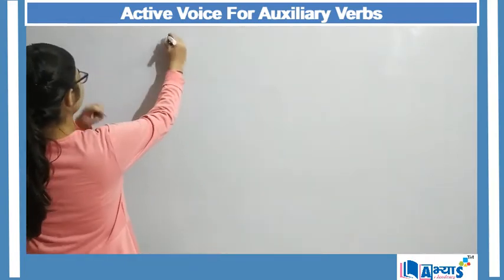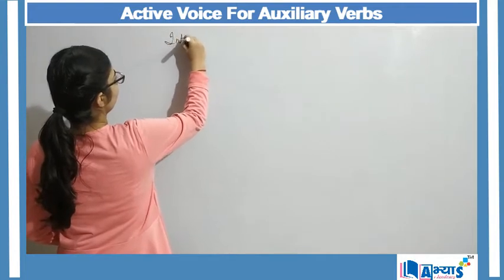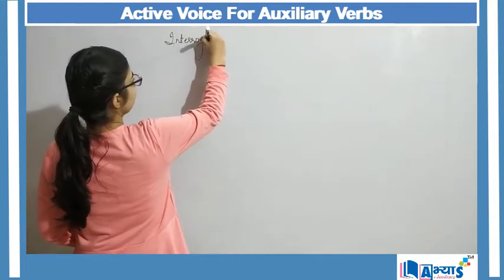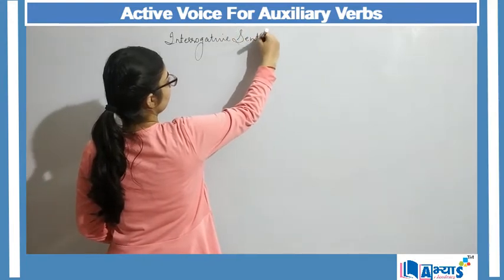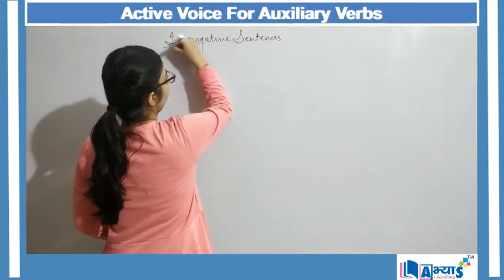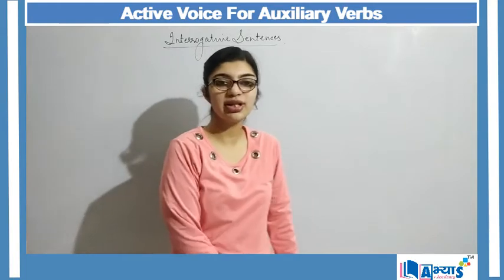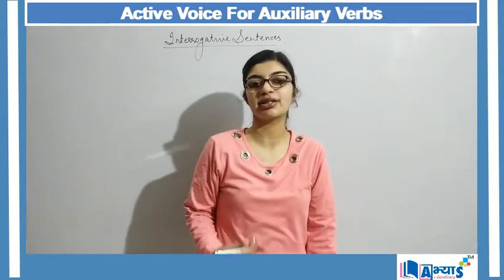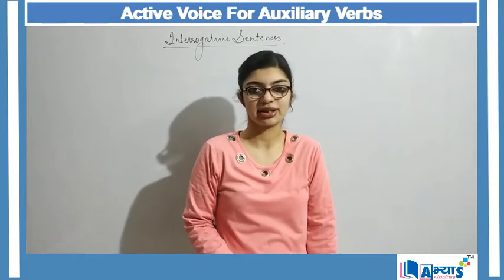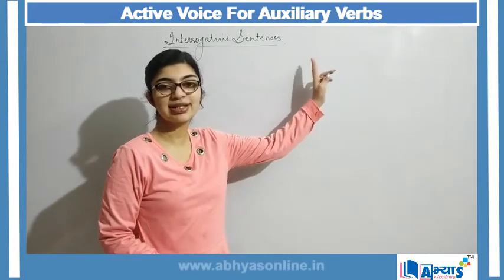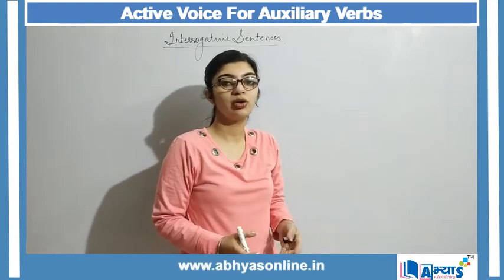So next we will be talking about interrogative sentences. Interrogative sentences are those sentences which are used for asking questions so that some information can be collected. These sentences begin with words like who, what, did, how, when, where, right?